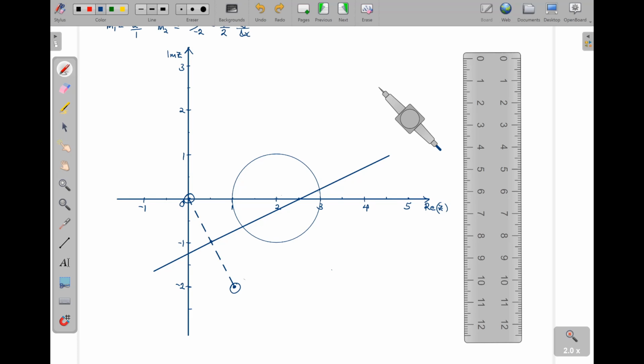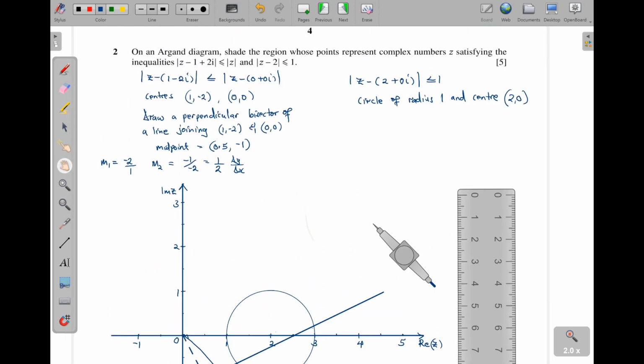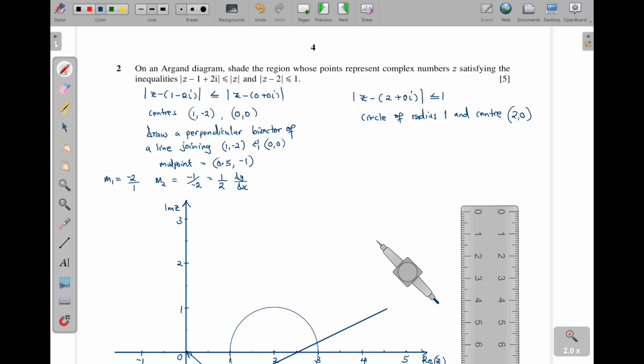So 1, negative 2 is here. That means we go to this side. A point on this side has a distance from this point that is less than its distance from this other point. That is what this means. The distance of a point from this center has to be less than or equal to its distance from the 0, 0.